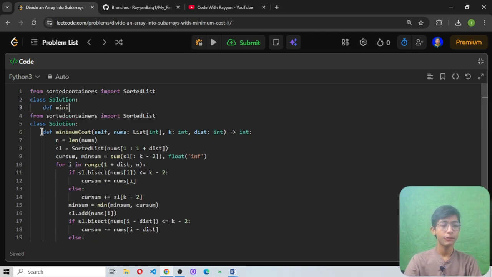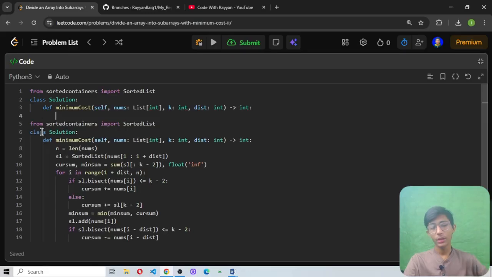class Solution: def minimumCost(self, nums: List[int], k: int, dist: int) -> int. And then here we define n equals to the length.